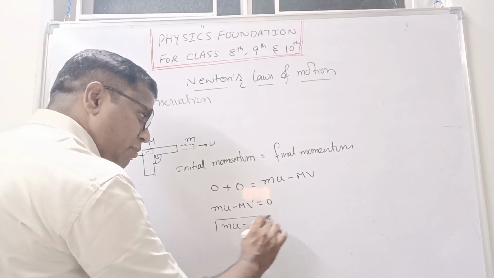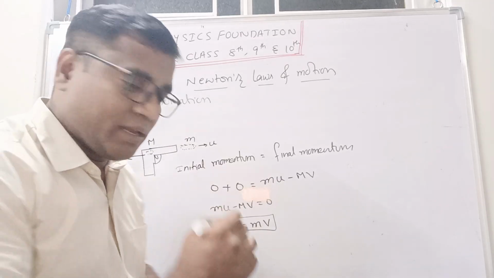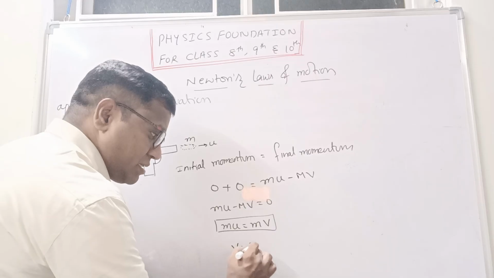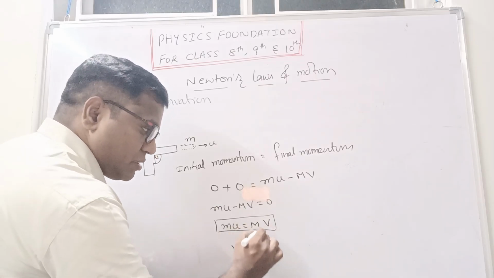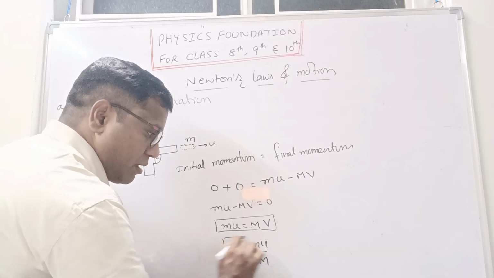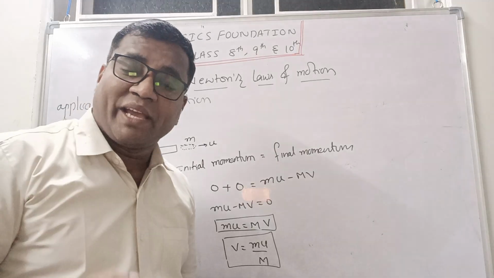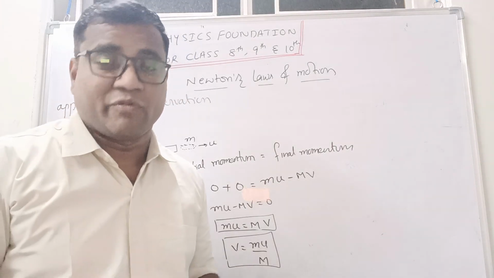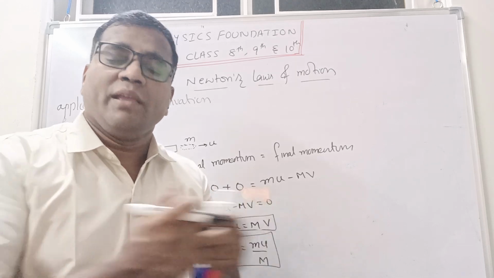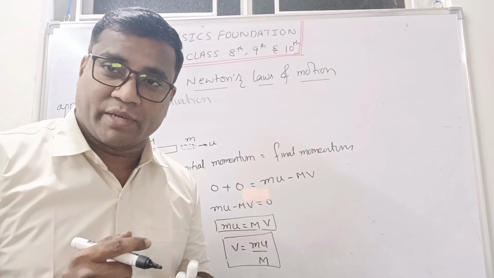Important formula: the velocity of the gun is v equals mu by capital M. In this way, we can find the recoil velocity of the gun, with which the gun is moving backward.